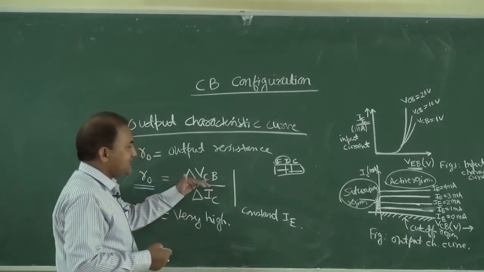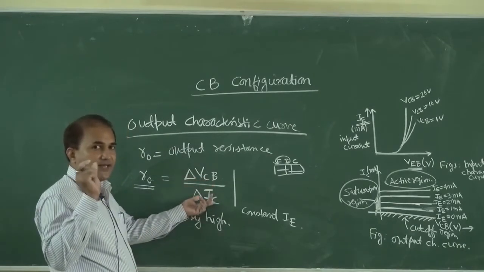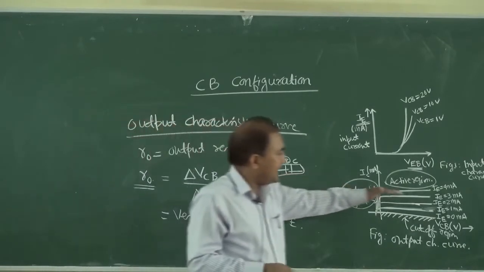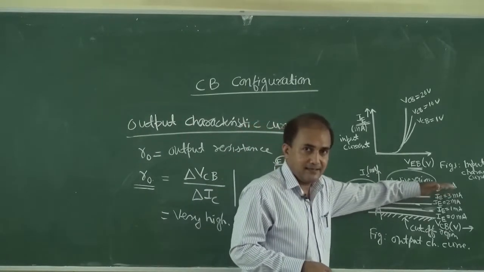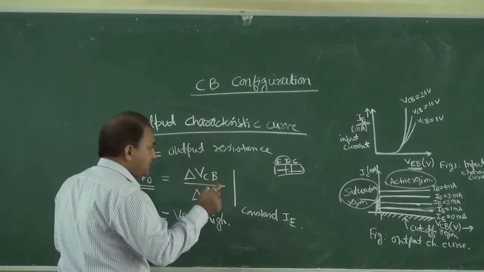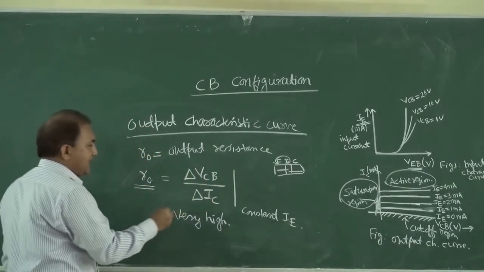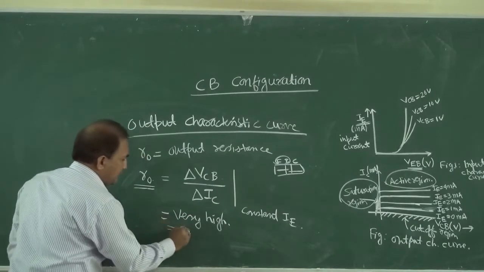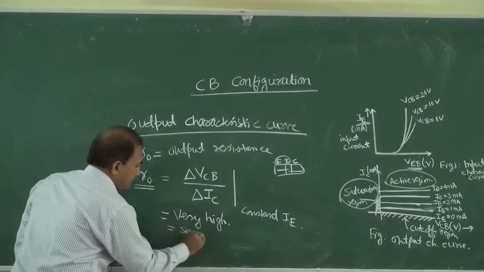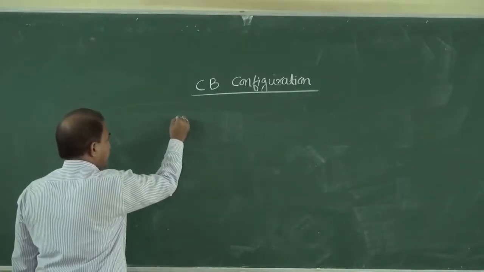Because for increase in VCB, change in IC is very minimum, because the curve is almost horizontal. So it is very high, in the range of several kilo ohms.